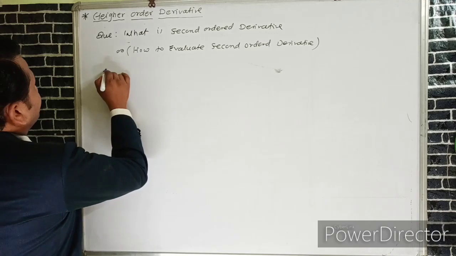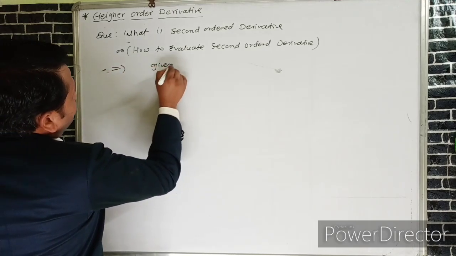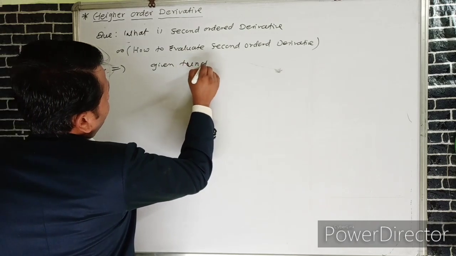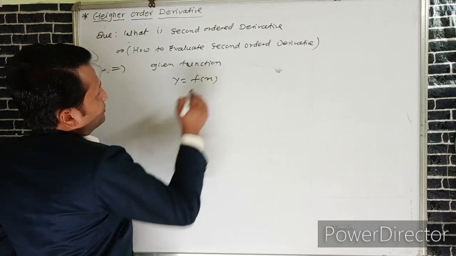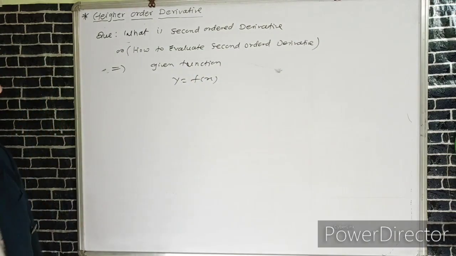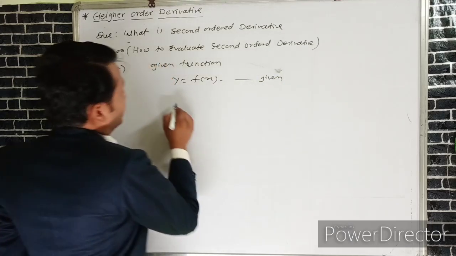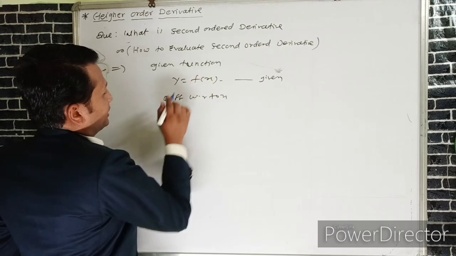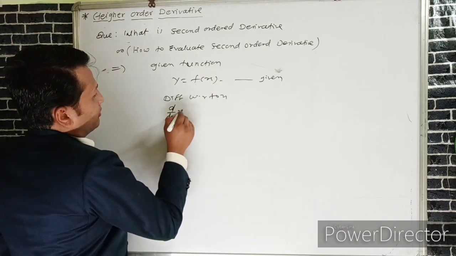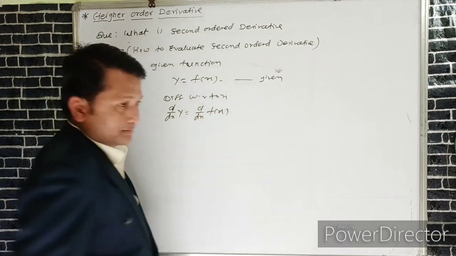Suppose your given function is y is equal to f of x, and if we differentiate with respect to x, then we get the derivative of y, which is equal to the derivative of f of x.